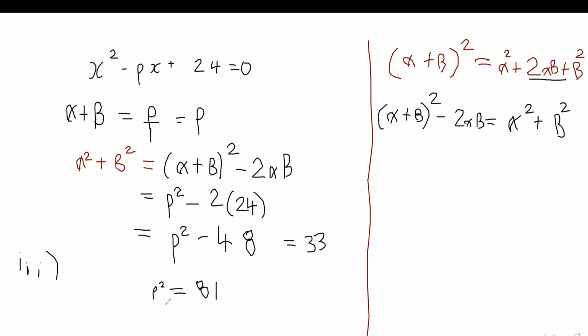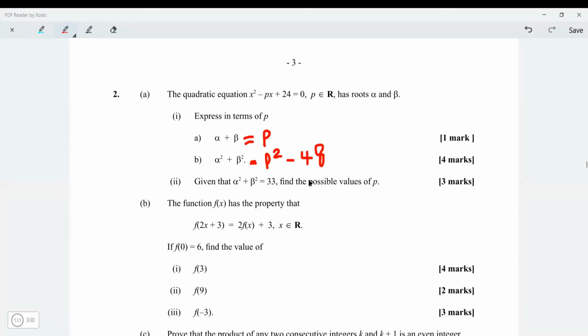And then we square root both sides, we get p is equal to 9 or p is equal to negative 9. Remember, when you square root a number, you get plus or minus. And it's that easy. So we can write the possible values of p. That's why they say values. You get p equals 9 or p equals negative 9. Couldn't be any easier.